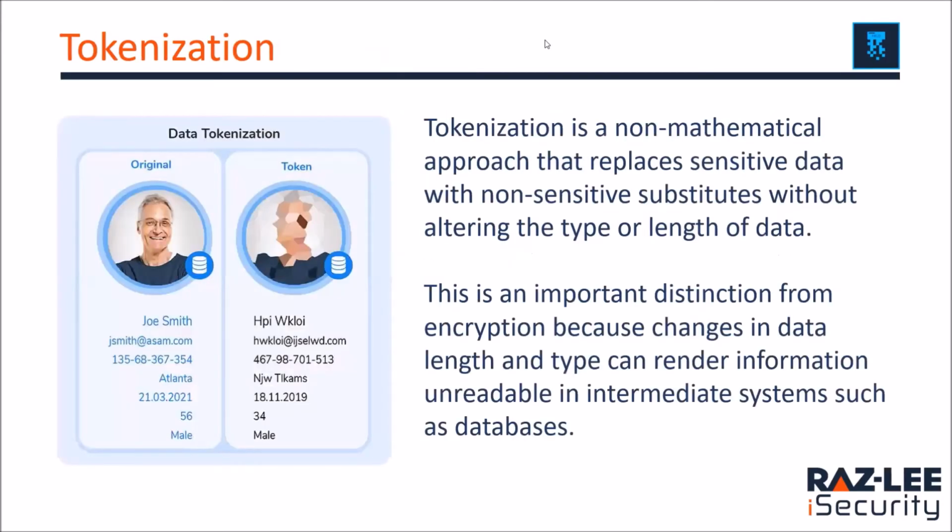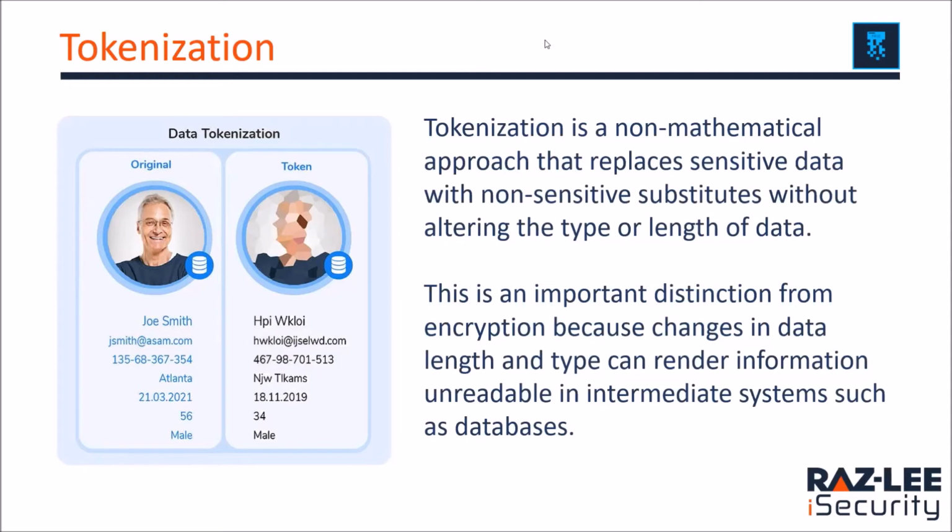Also, encryption has a counterpart that is called tokenization. And they are quite different because encryption is a mathematical process. In encryption, the length of the fields change and they are shown as blocks of information.